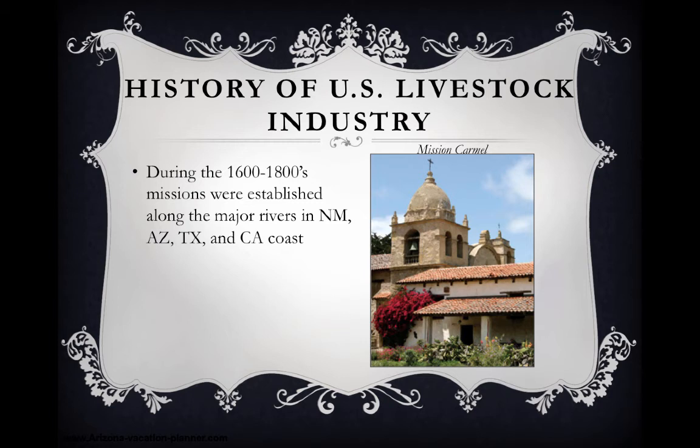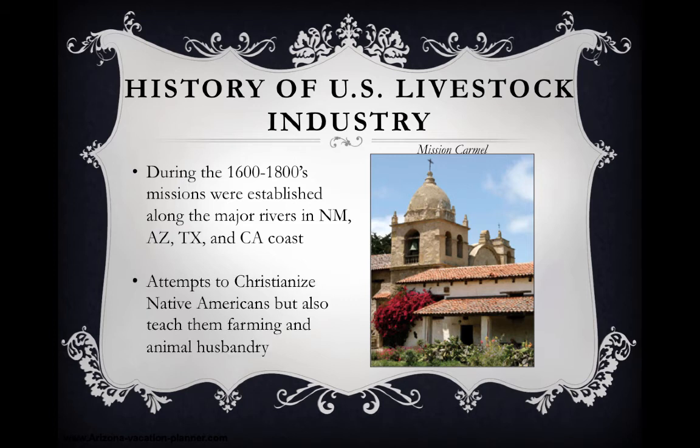So in California, we've got roughly 40 missions, I believe. I would have to check my facts there. Those were settled to try to convert the native people to become Catholics, so they tried to Christianize the Native Americans. In addition to trying to get them to become Christians, they also wanted to teach them farming and animal husbandry.